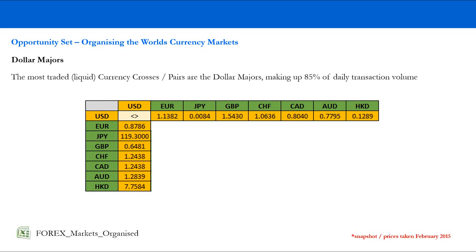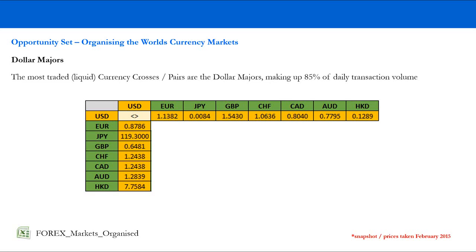The dollar majors are termed majors because it's all the major currencies quoted against the US dollar. And these make up 85% of daily transaction volume in the Forex markets globally. When you look at the major currencies, so we look at euro, yen, sterling, Swissy, Canadian, Aussie dollar, Hong Kong dollar, against the US dollar, these are the ones that make up the vast majority of daily transactions.